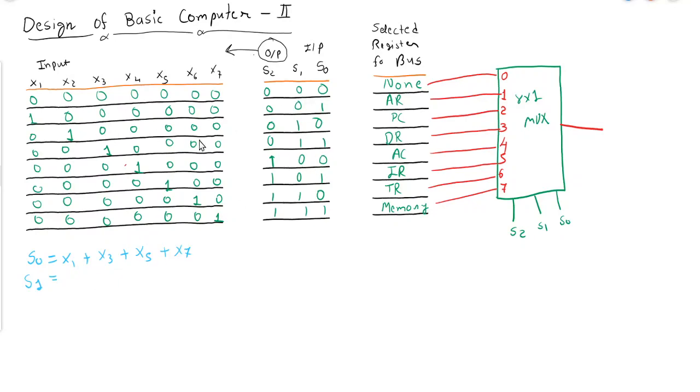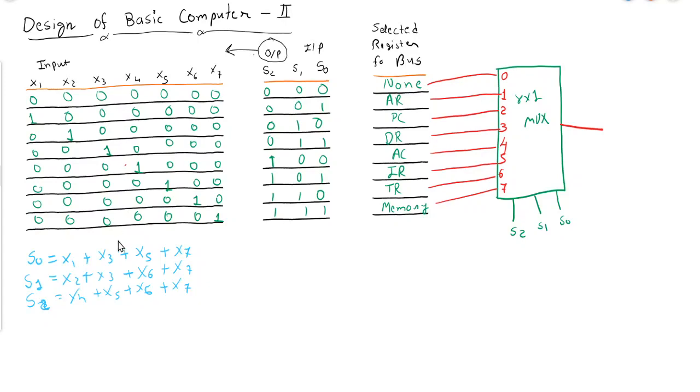It will be x2 plus x3 plus x6 plus x7. Your meaning of plus is OR. For S2, what will be the expression? It will be x4 or x5 or x6 or x7.